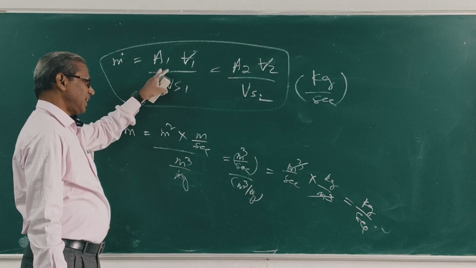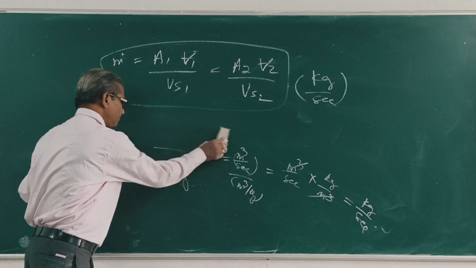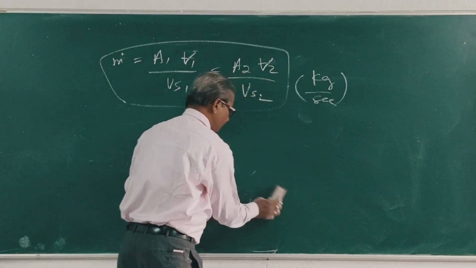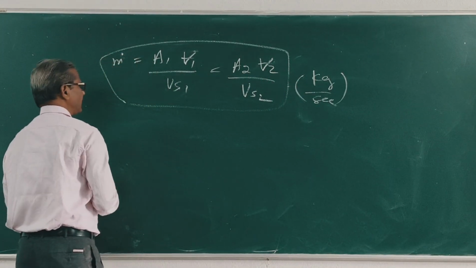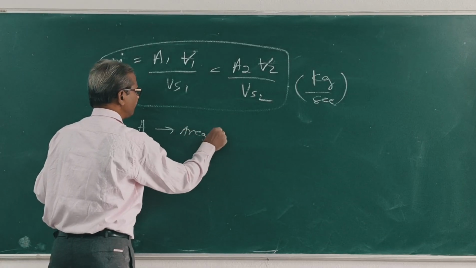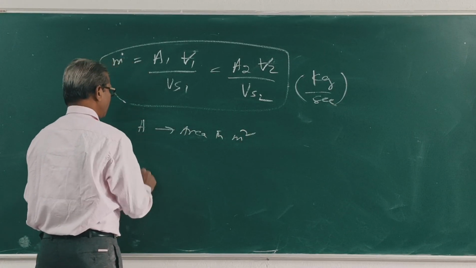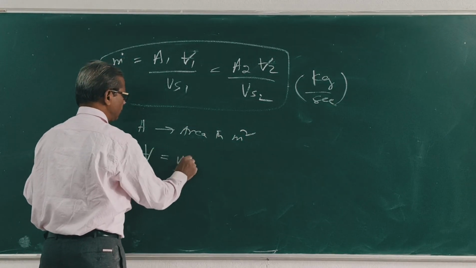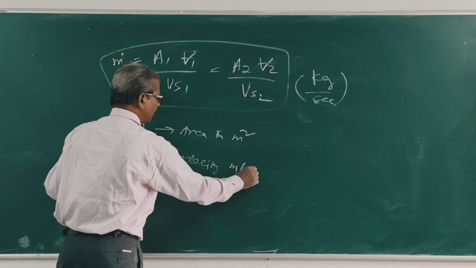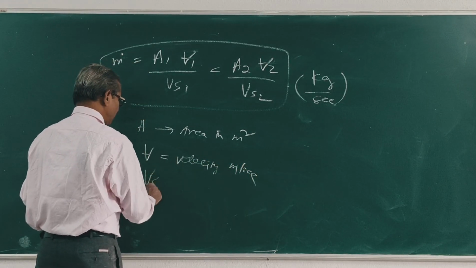A is area. What is A equal to? Area in meter square. What is V bar equal to? Velocity in meter per second. What is VS1 equal to?